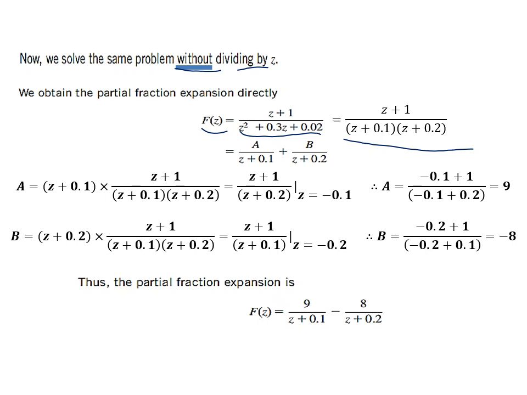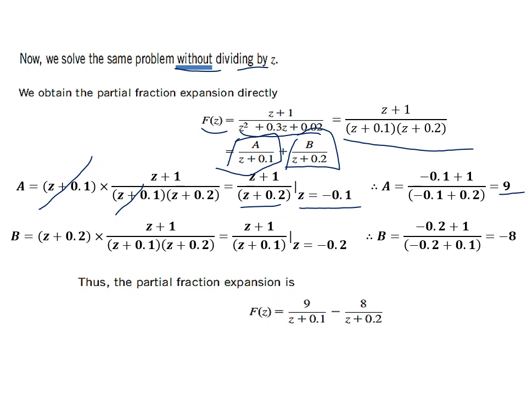Then we have two partial fractions, a divided by z plus 0.1 and b divided by z plus 0.2. To get a, we multiply the function by z plus 0.1, which is cancelled with z plus 0.1. We have (z plus 1) divided by (z plus 0.2), and we substitute with z equals negative 0.1. We have 0.9 divided by 0.1, which is equal to 9. Then a equals 9.